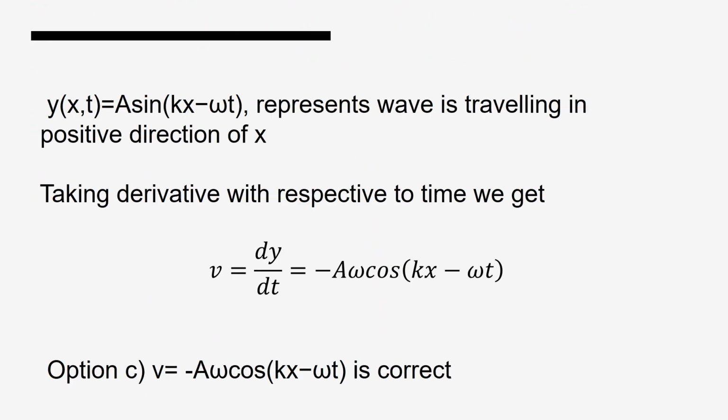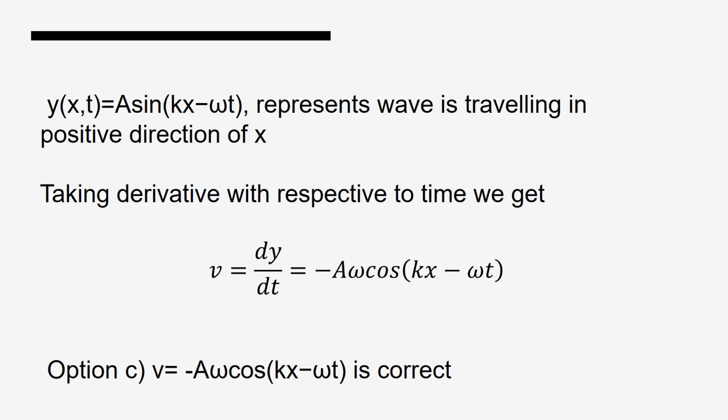To find the velocity of a particle along the y-axis at any given position x and time t, we take the derivative of y(x, t) with respect to time t. When differentiating sin(kx − ωt) with respect to time, we treat kx as a constant because we are focusing on the rate of change of y with respect to time at a specific point in space x.